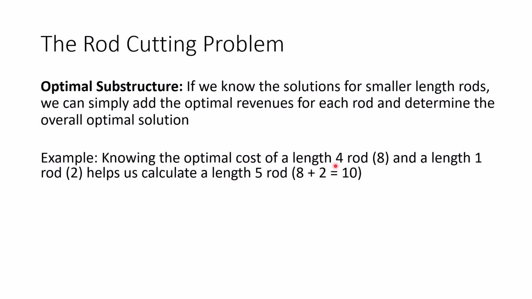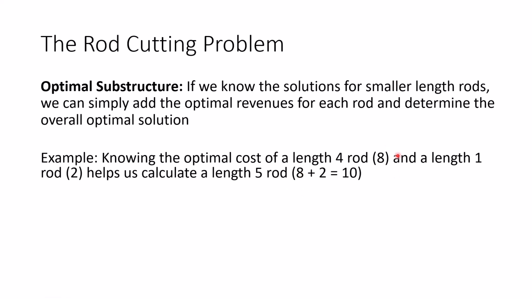So if you were to know, for example, the cost of a rod of length 4, and you know the cost of a rod of length 1, it turns out that the optimal solution for a rod of length 5 is just going to end up being the sum of the length 4 solution and the length 1 solution.